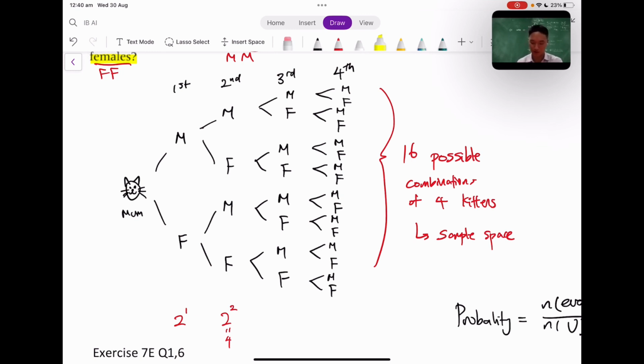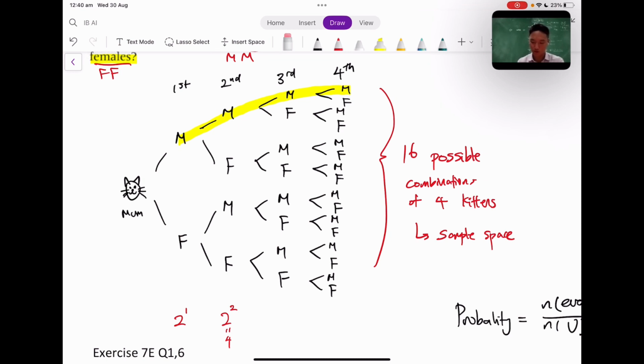And have a look, it's like this. First one being male, second one being male, third one being male, fourth one being male. If the question was, what's the probability that when there are 4 kittens, they're all male? Then there's one combination out of 16 in total, so the probability will be 1 over 16.